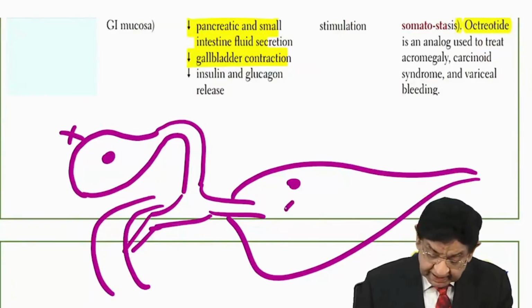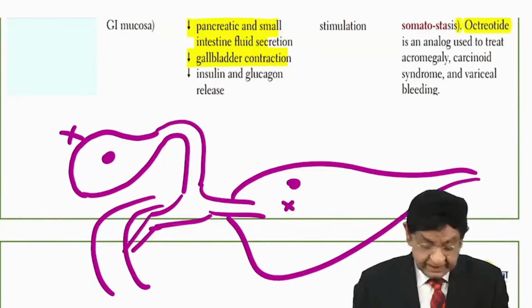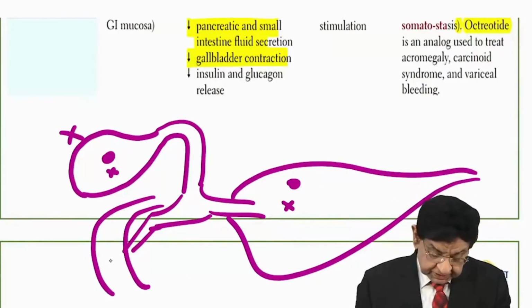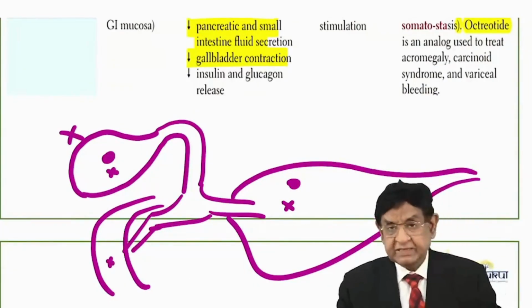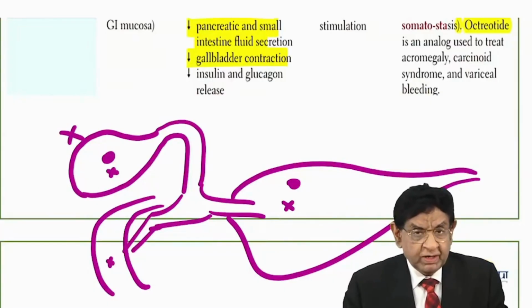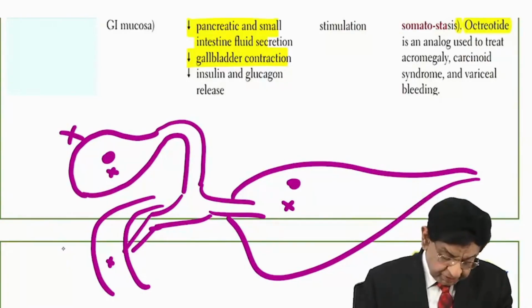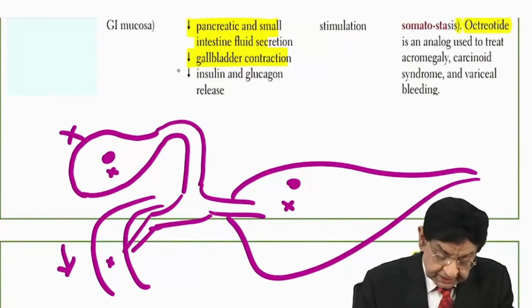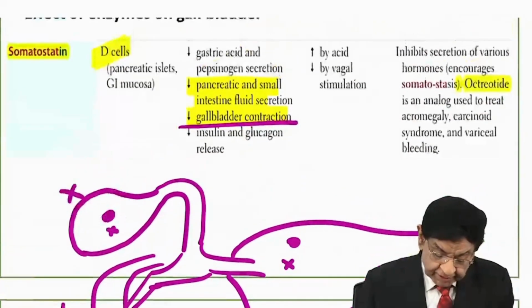So what will the net result be? Neither secretions are coming from the pancreas, nor from the gallbladder. So secretion into the second part of the duodenum, that means overall secretion from the pancreas and gallbladder, will get reduced in the intestine. This is the point you have to remember.